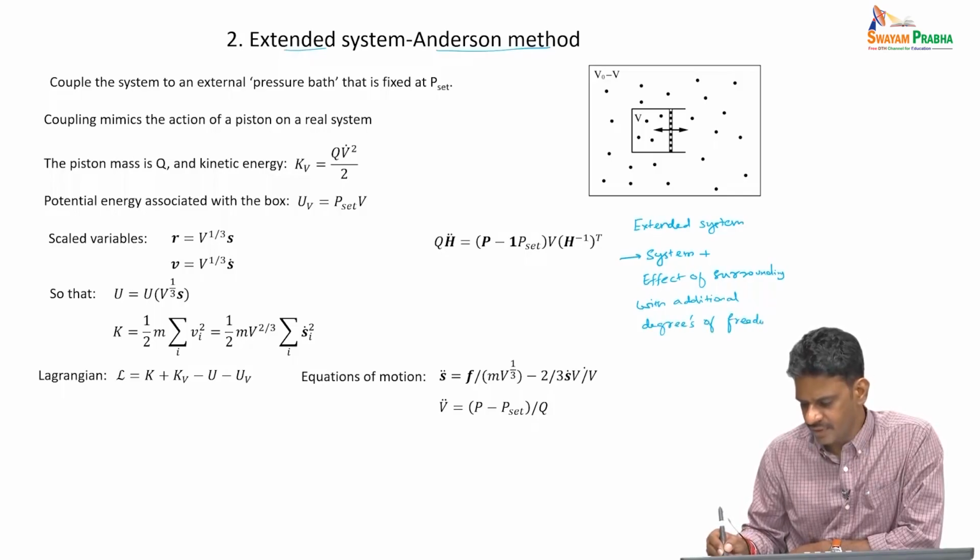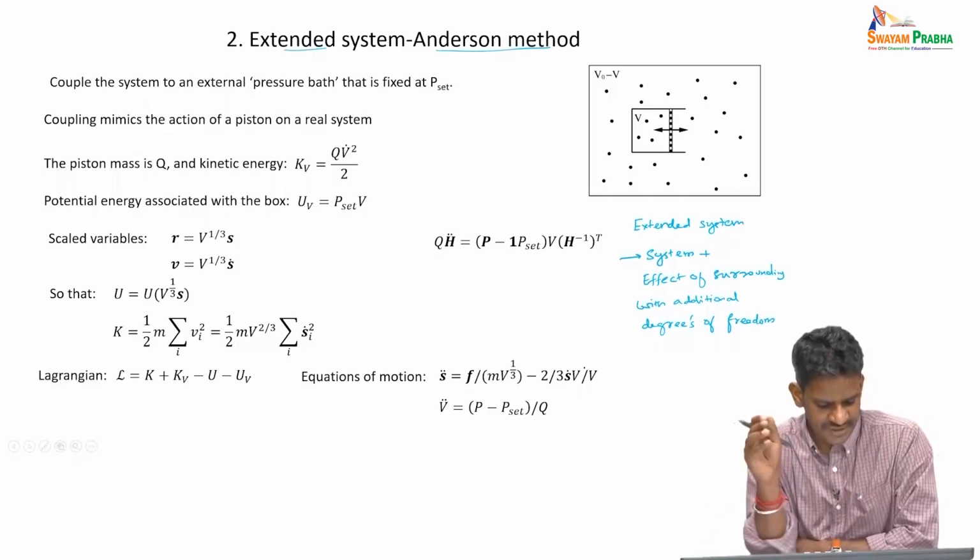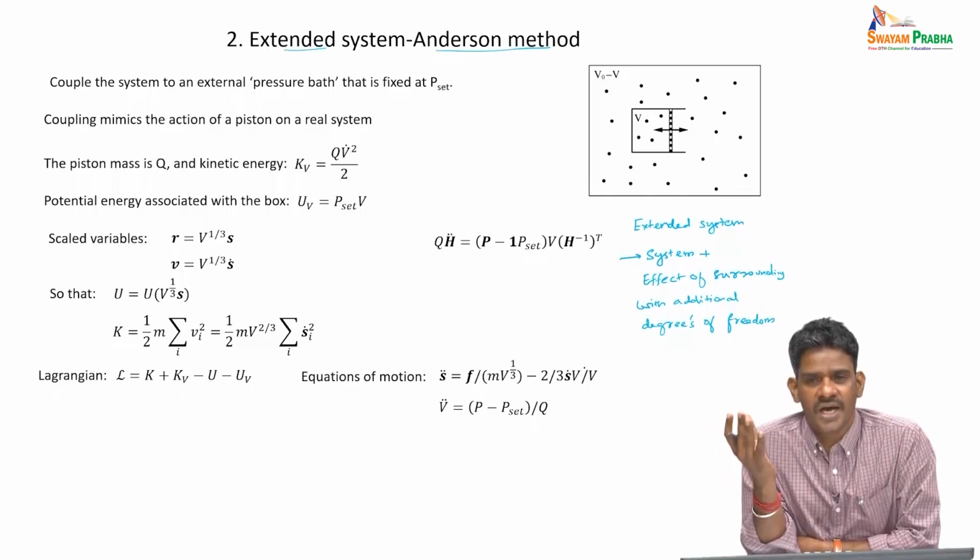Now, we will not try to derive all these equations, but we will just see how this algorithm works and what parameters we need to specify when we use this kind of method.